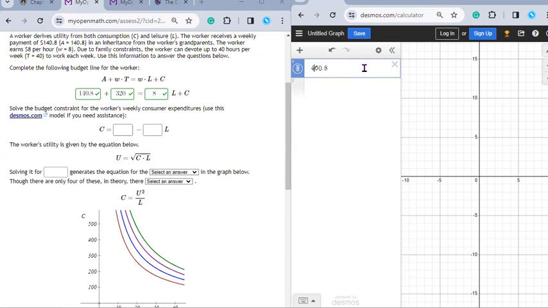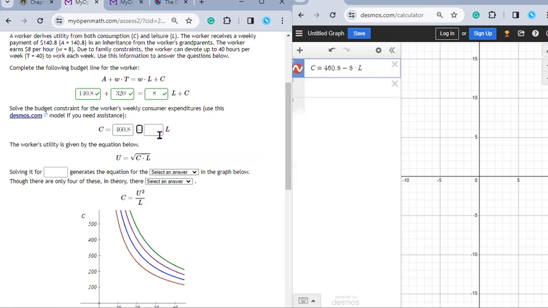I'm going to move the right to the left and the left to the right. Okay, so now I got to subtract 8L from both sides, right? So if I subtract 8L from both sides, I end up with C on the left, and I end up with an intercept 460.8 minus 8L, right? So that is my consumption. That's my budget constraint in terms of consumer expenditures.